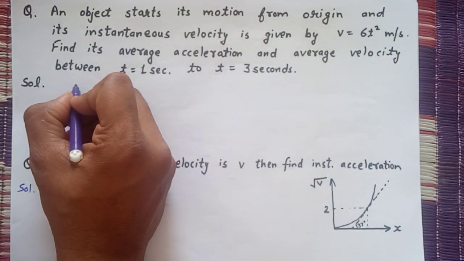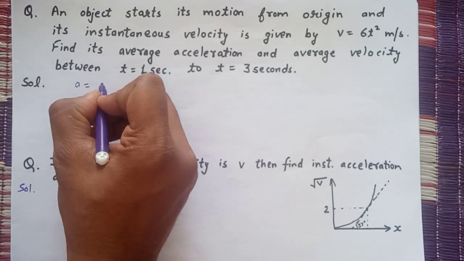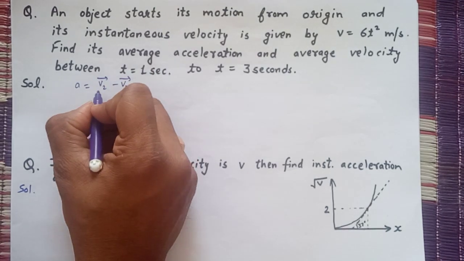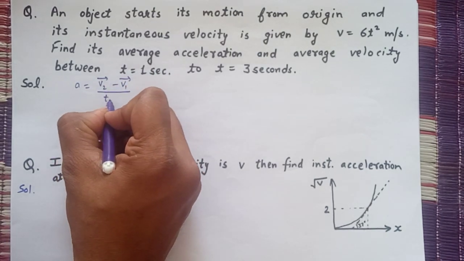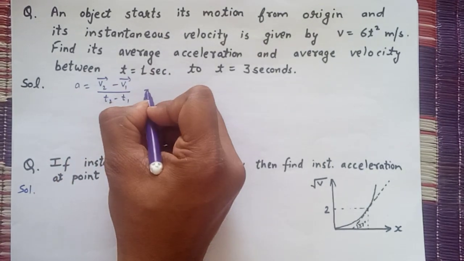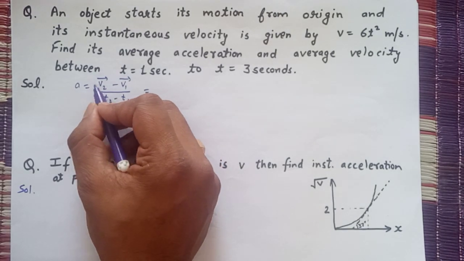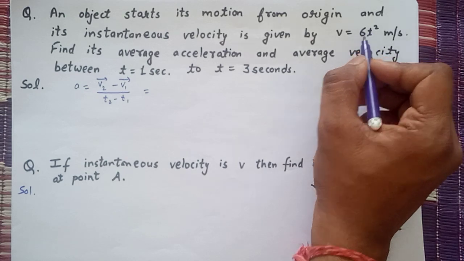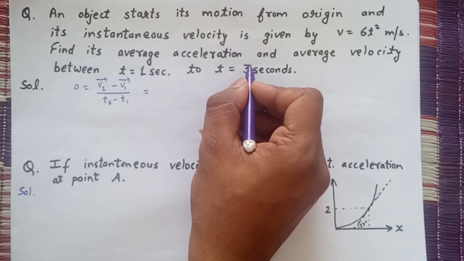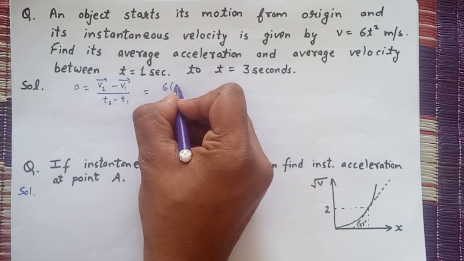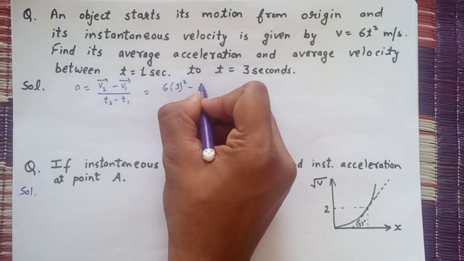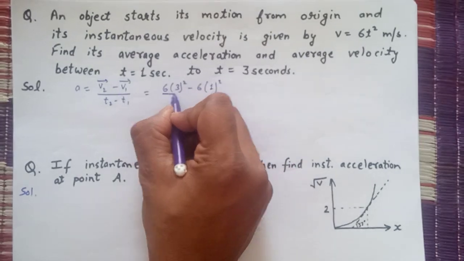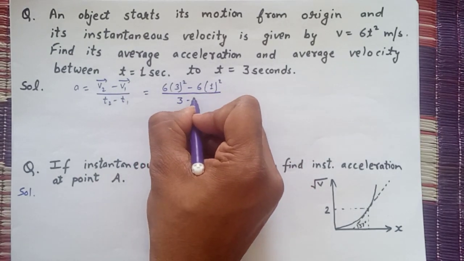So what to do? We know that average acceleration is v2 minus v1 upon t2 minus t1, that is final velocity minus initial velocity over change in time. Final velocity v is given in the form of 6t square, so with final time 3, it will be 6 into 3 square, minus 6 into initial time 1 square, upon 3 minus 1.